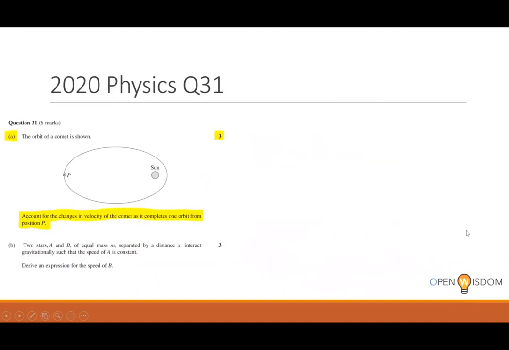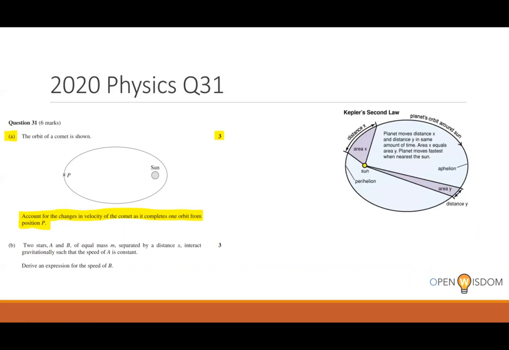Now let's go on with answering the question for a 3-marker like this. Account for the changes in velocity of the comet as it completes one orbit from position P. So we recognize that this is asking us about one of the specific laws, Kepler's second law, where the planet moves distance x and distance y in the same amount of time.